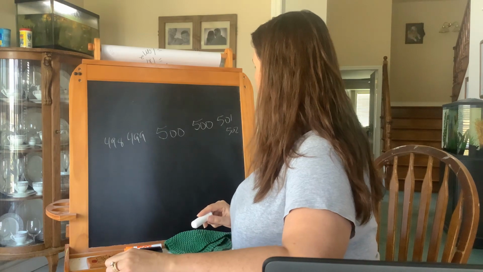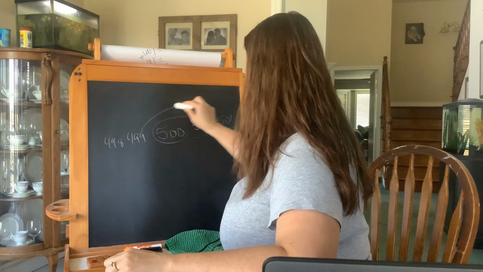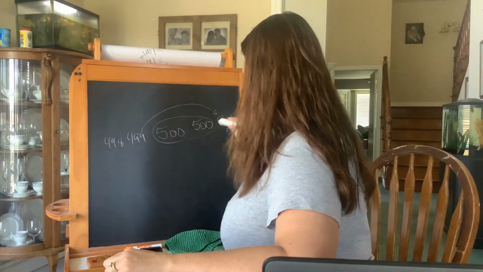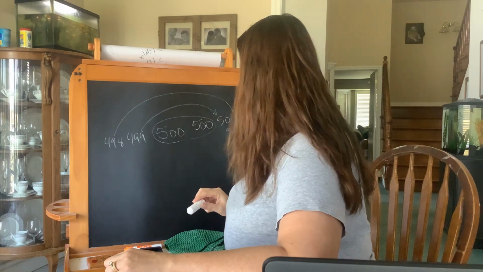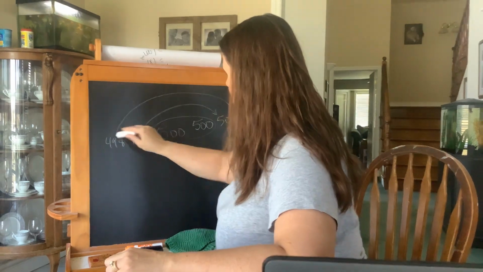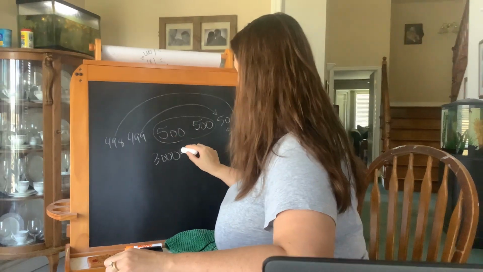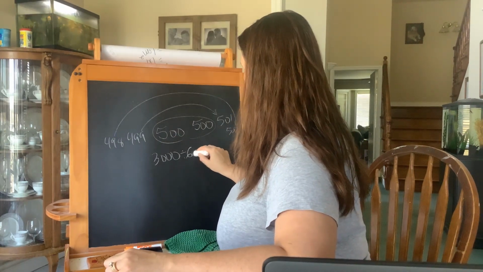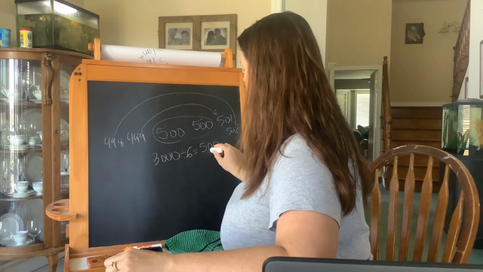Right? So that means we've got 1,000 here, 1,000 here. 499 and 501 would make 1,000, and 498 and 502 would also make 1,000. So 1, 2, 3,000. 1, 2, 3, 4, 5, 6. So our mean is 500.